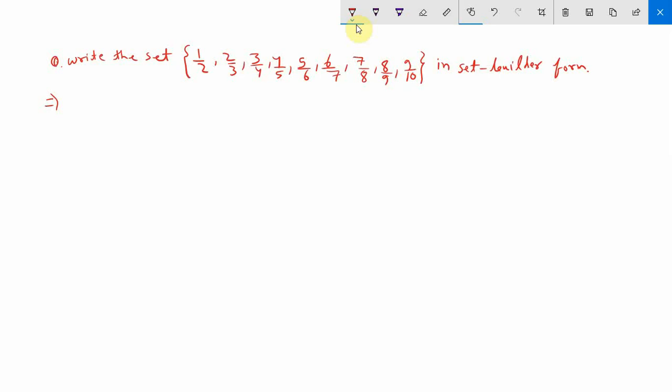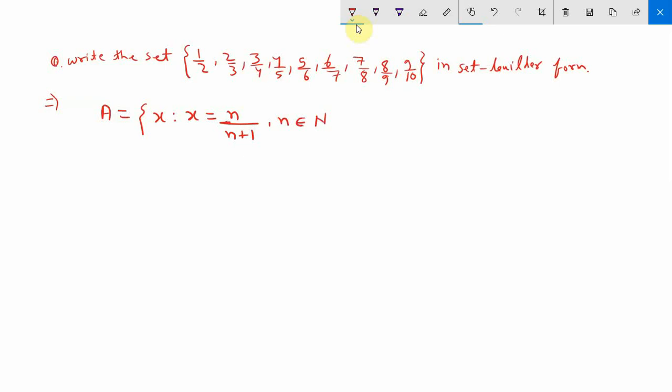So we can write this set A as A equals X such that X equals n by n plus 1, because the denominator is 1 more than the numerator, and n is an element of natural numbers.